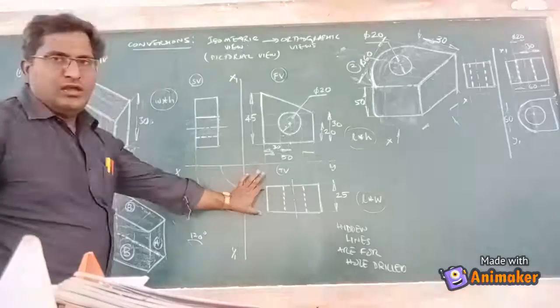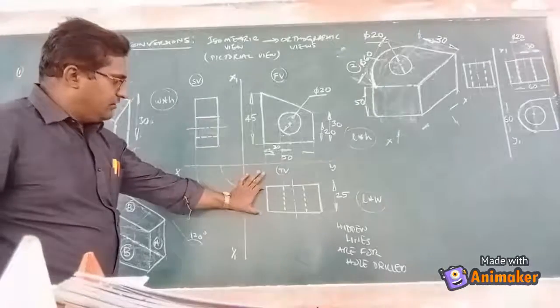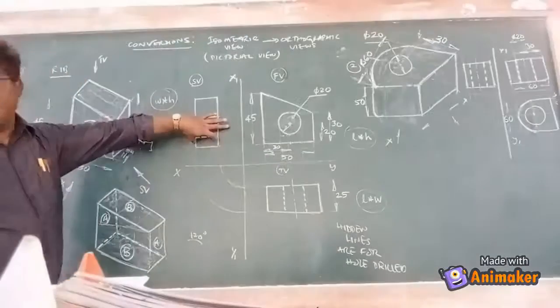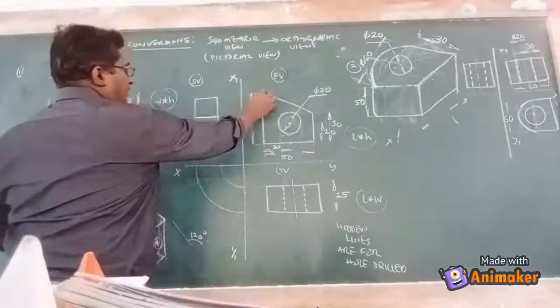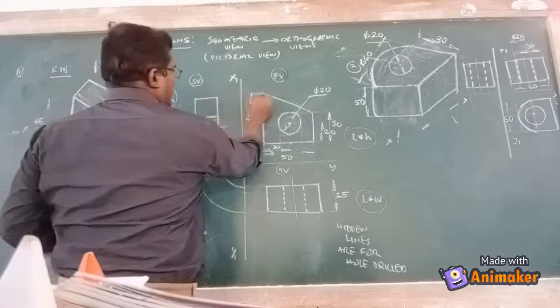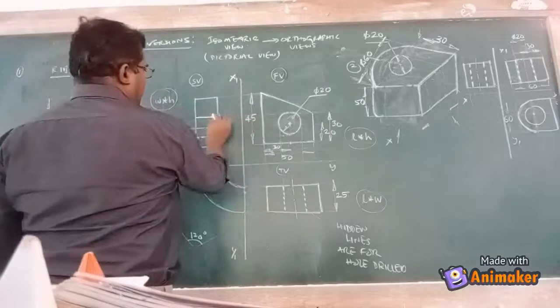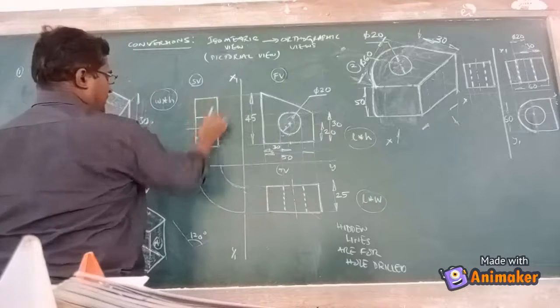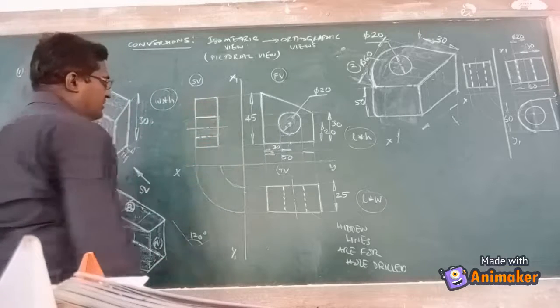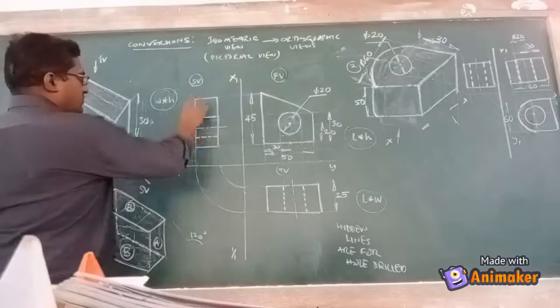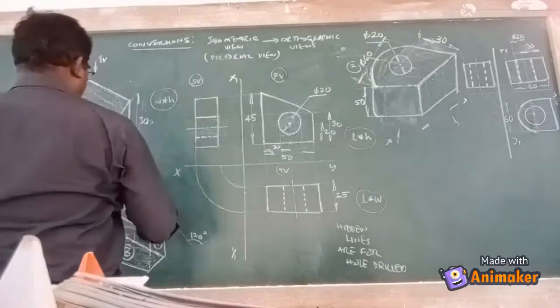So the width of the casting or the drawing from the top view is directly transferred onto the reference plane. And then from the front view, we draw the horizontal projectors, where the point of intersection of these projectors will give the extents of the casting in the side view.